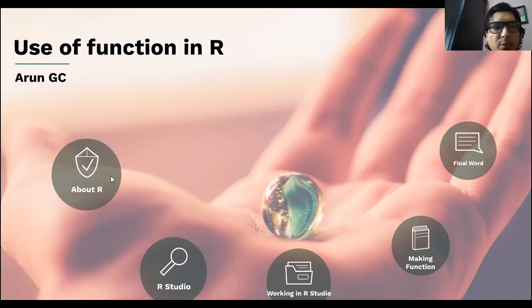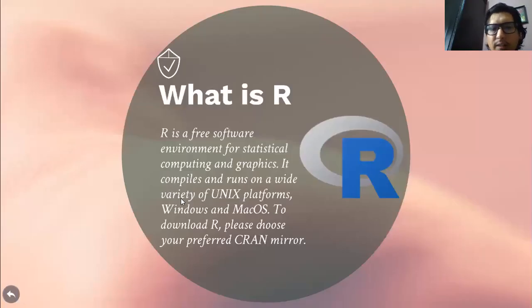Let's see what is R. R is essentially a very basic statistical package which deals with various kinds of statistical functions and econometric models. It can run economic models, various scientific formulas, and various computational things can be done in R. One of the beauties of R is that it is free of cost and open source.